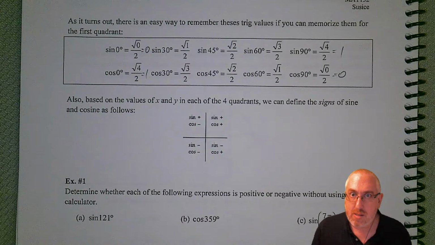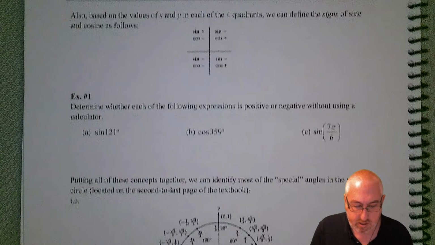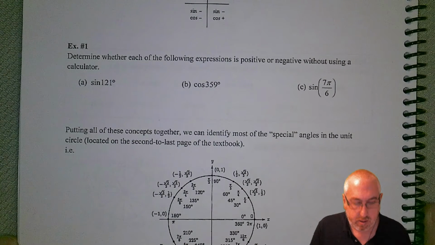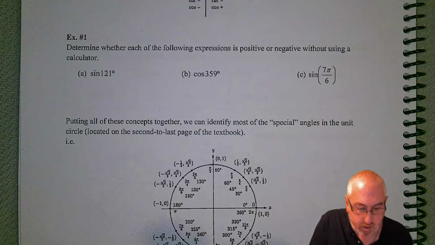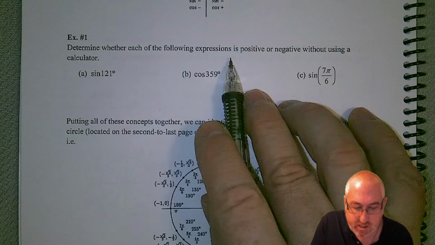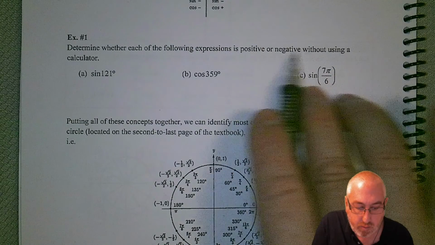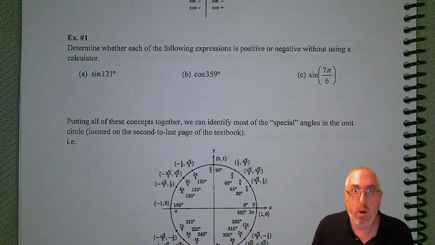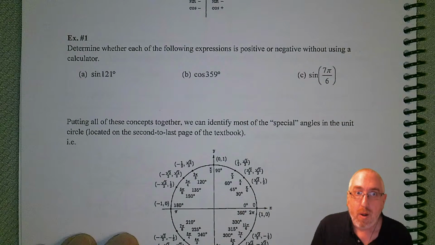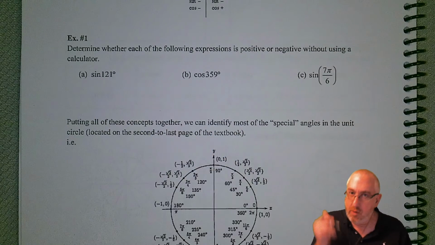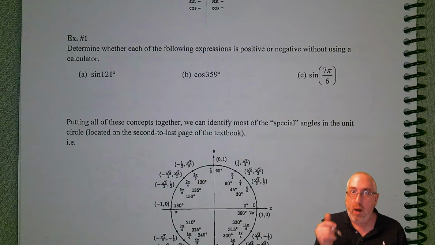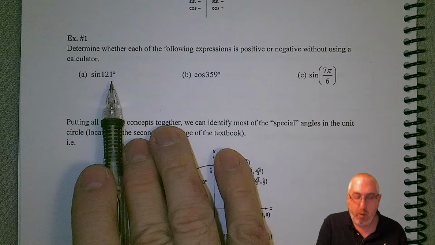So let's put that into practice. Let's try a couple of problems, and then we'll see where we end up. Determine whether each of the following expressions is positive or negative without using a calculator. Oh no. All right, so we want the sine of 121 degrees. The million-dollar question is, what quadrant is 121 degrees going to fall in?